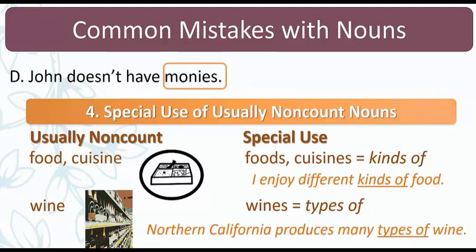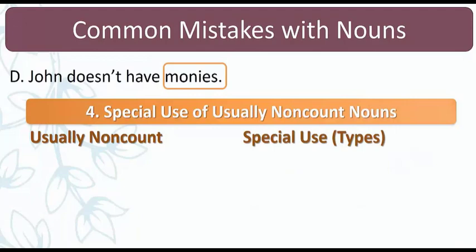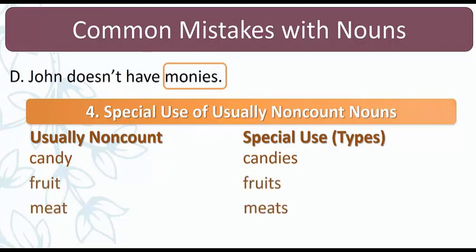But what the speaker really means is, "I enjoy different kinds of food from all over, and Northern California is known for its many types of wine." Again, the more formal form is to include kinds of or types of and use these words as non-count nouns.